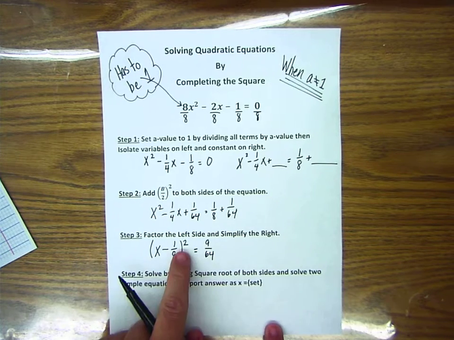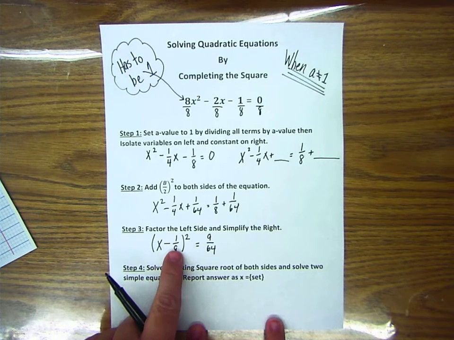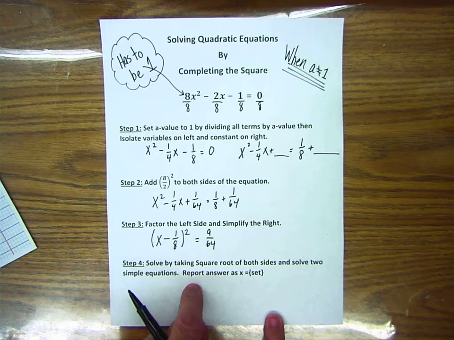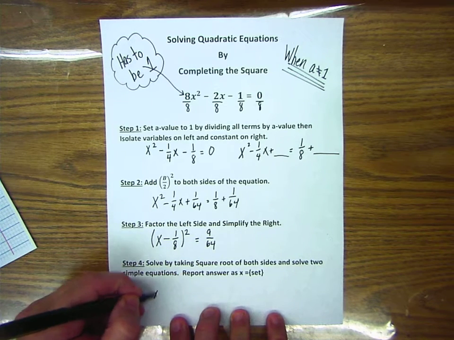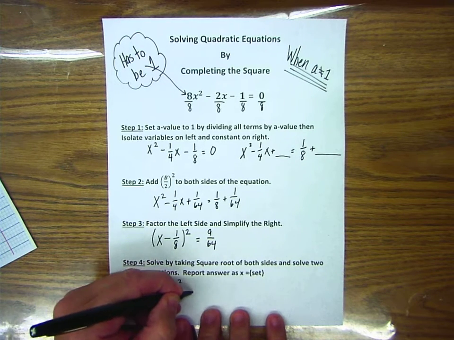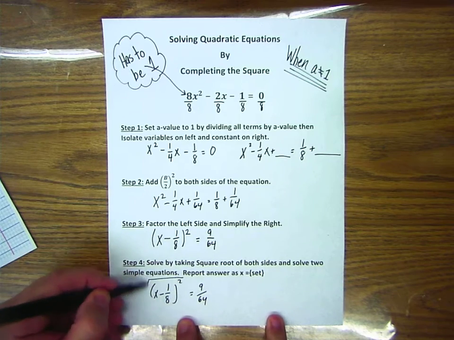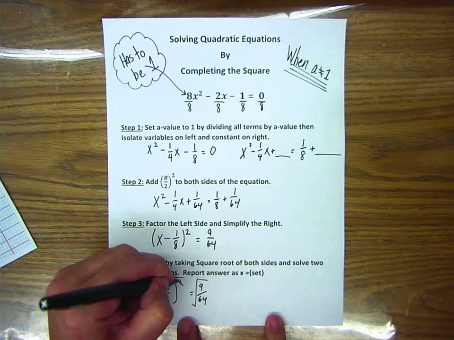So the final step when you have this perfect square trinomial equation is to take the square root of both sides. Step 4 takes the square root of both sides. Let's put this equation here. When I take the square root of the left and the square root of the right, I get two equations because these cancel.